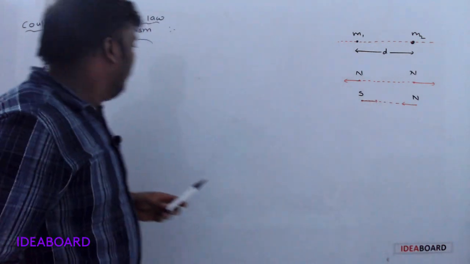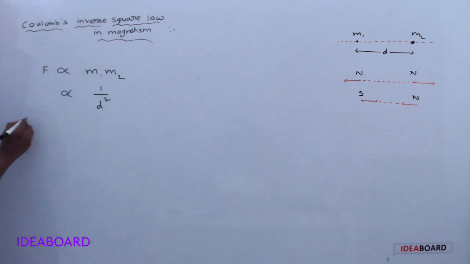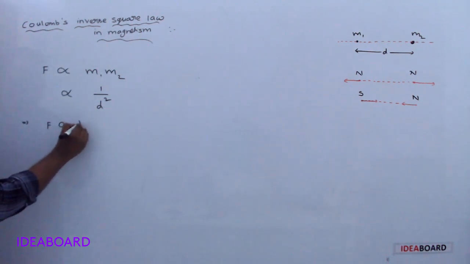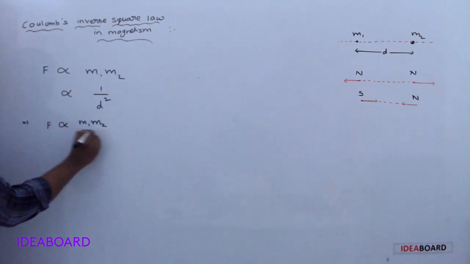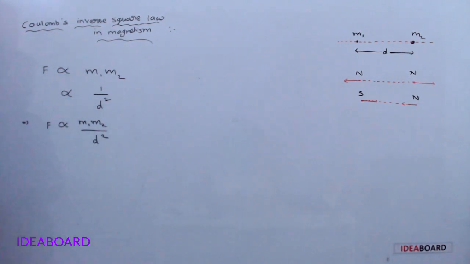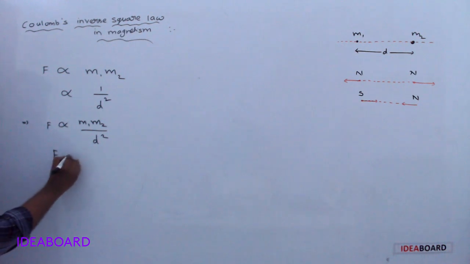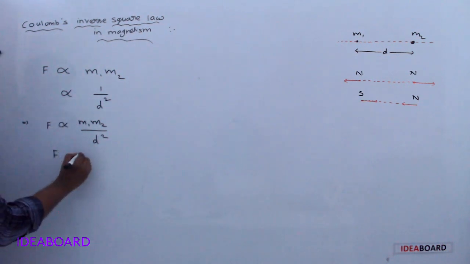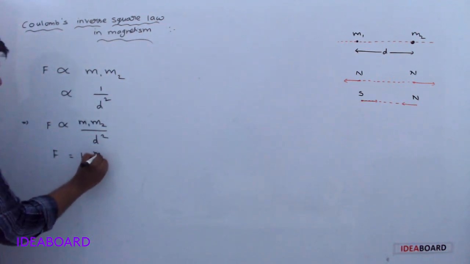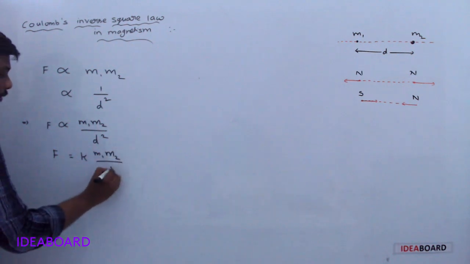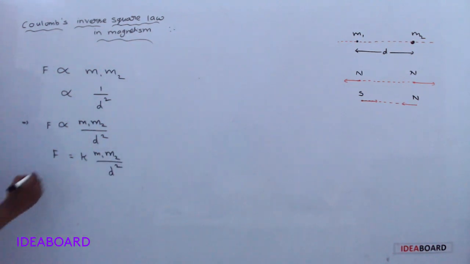Clear? Now, from these two relations, F is proportional to m1 m2 by d square. Therefore, F is equal to some proportionality constant k into m1 m2 by d square.